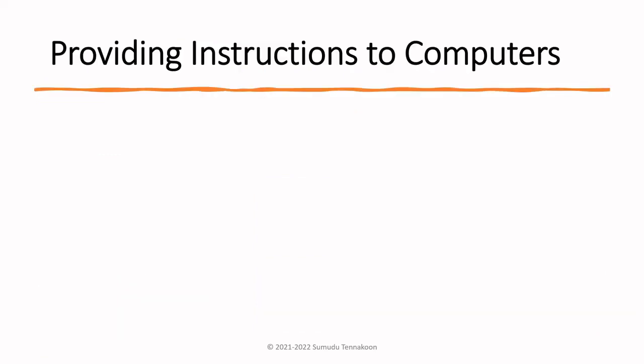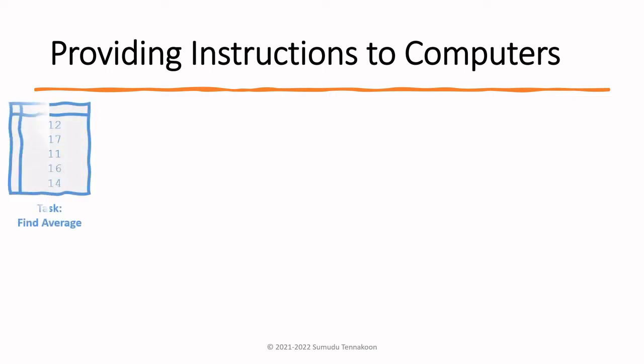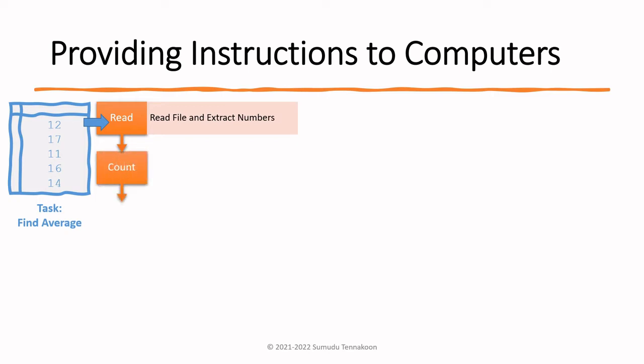We also explored how you can give a simple instruction to your computer with an example. I'm going to review this for everyone's benefit in this lesson. So our task was to find the average of a given set of numbers. We assumed those numbers were stored in a file. What are the steps we need to proceed with in order to get this task done? First we need to read the file and extract the numbers, and then we need to count how many numbers there are.